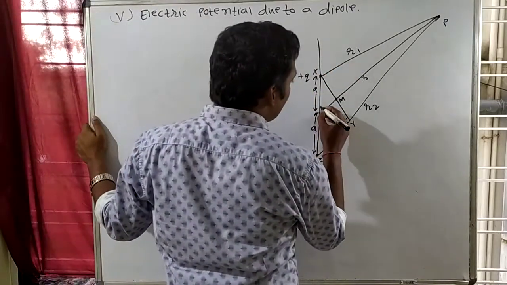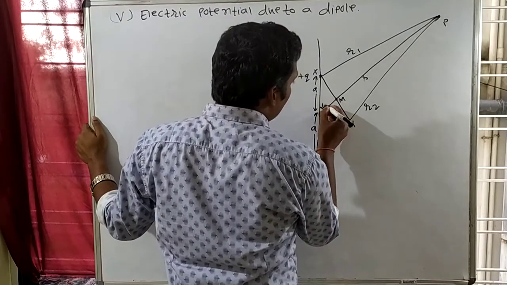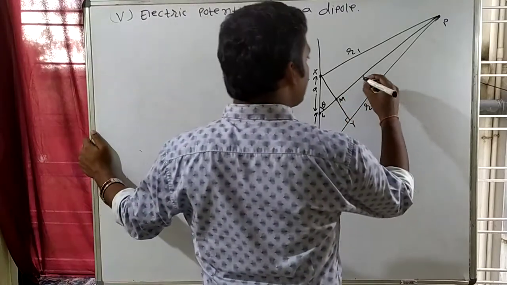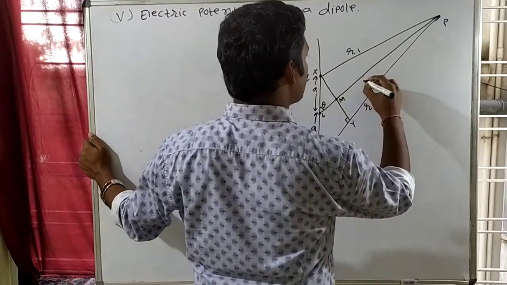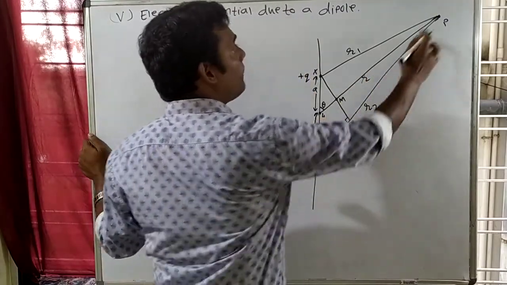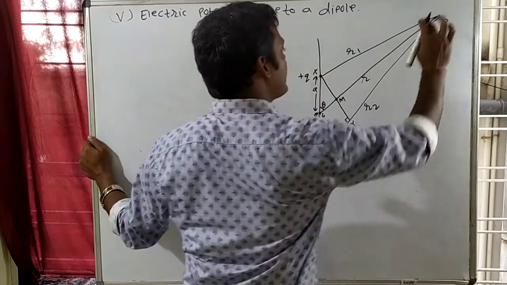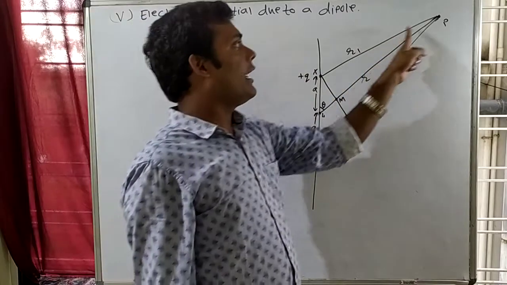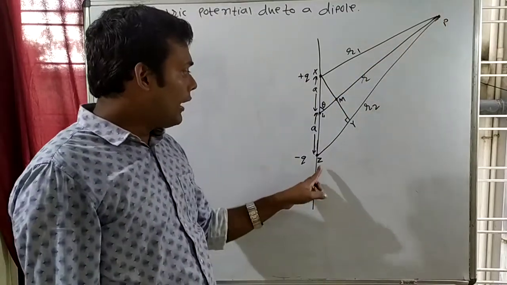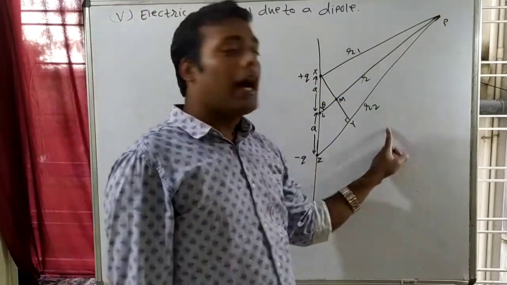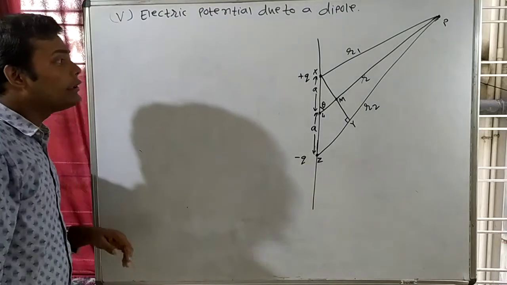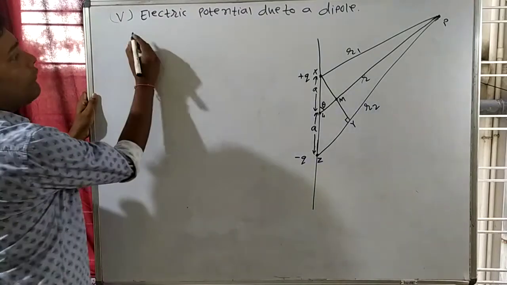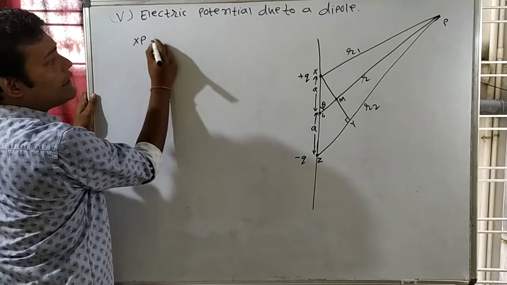Let's suppose this angle is theta, and let's say this distance LP is r. This is point X. Can you see XP? This is R1. And can you see ZP? I have taken this as R2. Now can we say that XP is equal to YP?